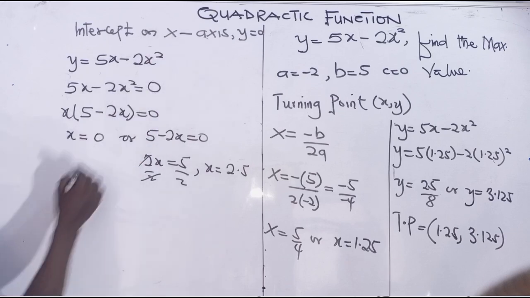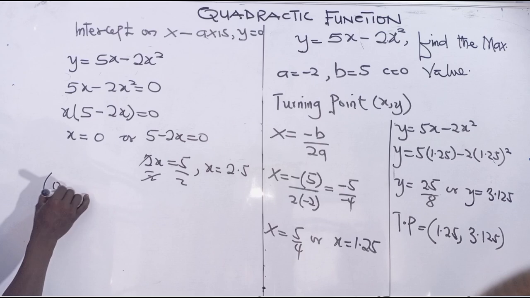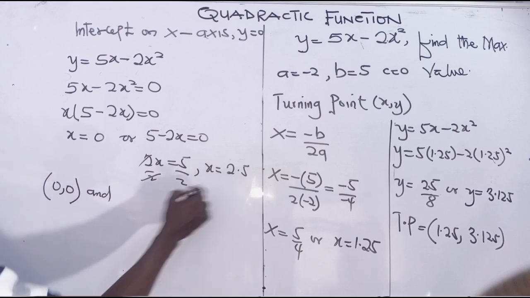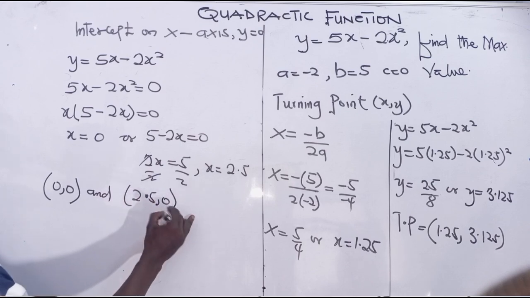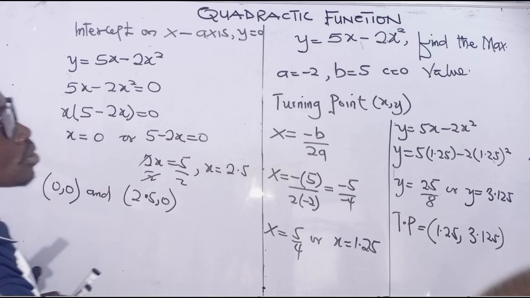So on the x-intercept, we have (0, 0) and (2.5, 0). Now once we have this, we look at the intercept on the y-axis.